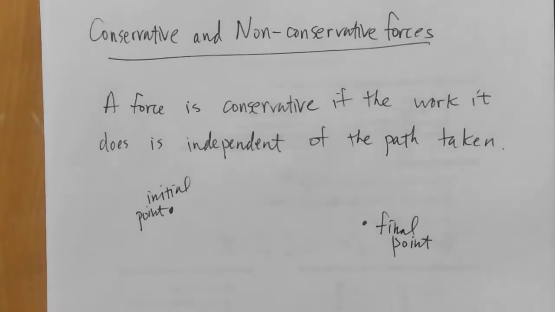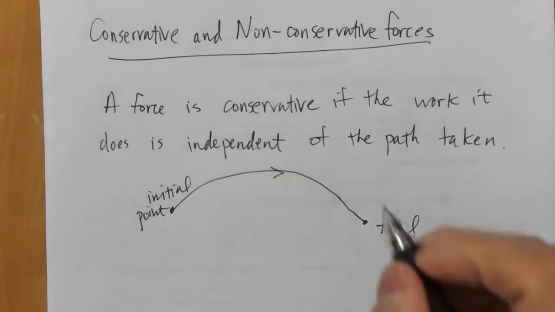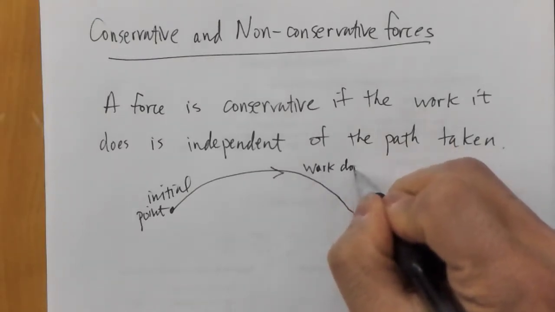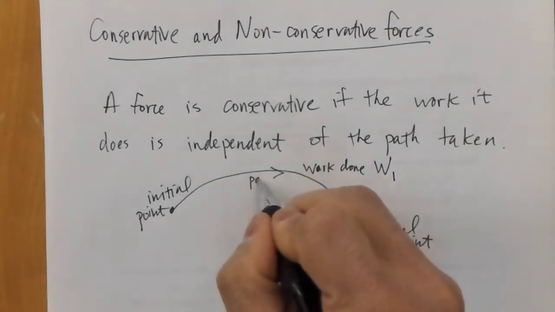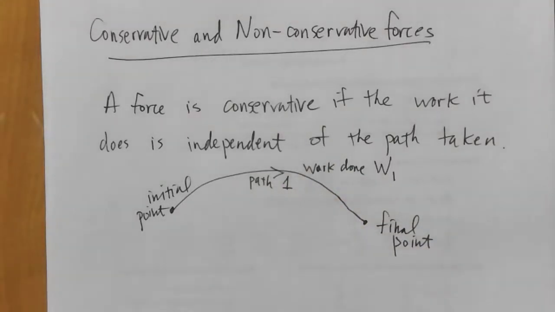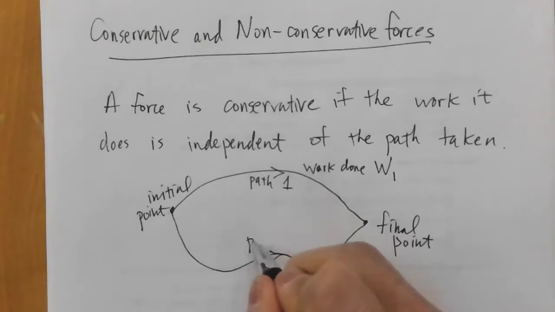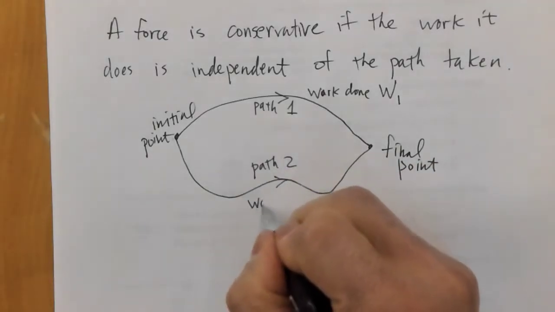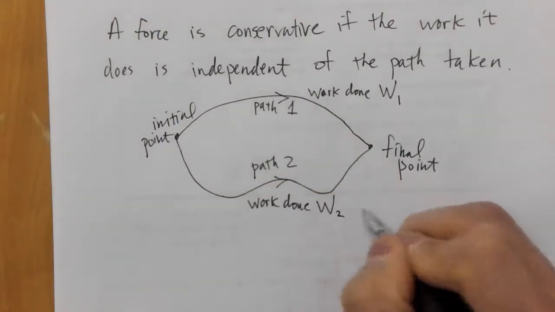If I go this way, from the initial to final, let's say the work done is W1. So this will be my path number 1. And let's say I take another path like this. This will be path number 2. And in this case, the work done is W2.